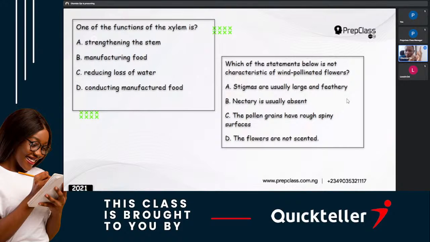We have the insect-pollinated flowers, then we have the wind-pollinated flowers. Those flowers have their own structure, which makes them either pollinated by wind or pollinated by insects. So let me tell you the structure of those that are pollinated by wind.